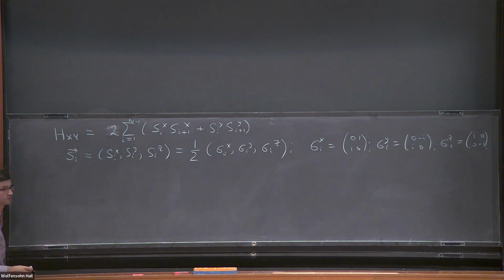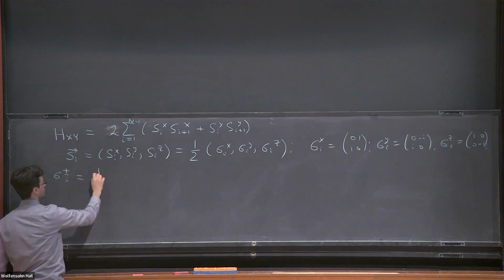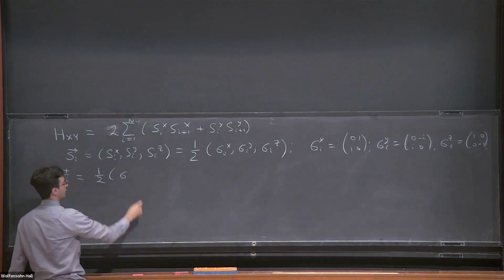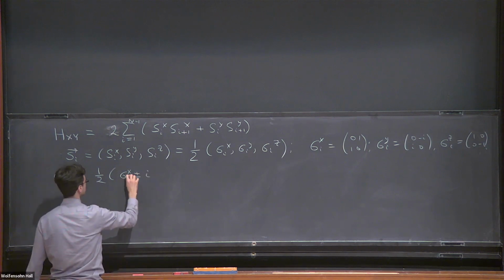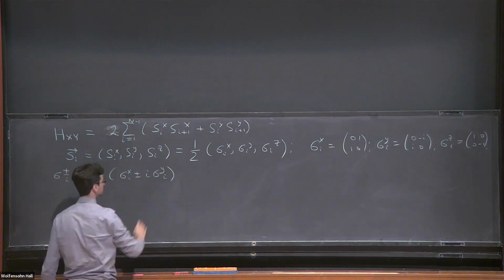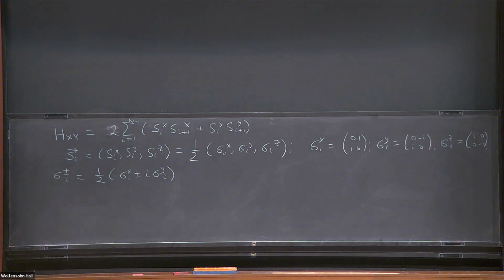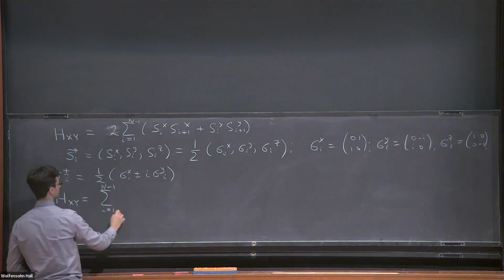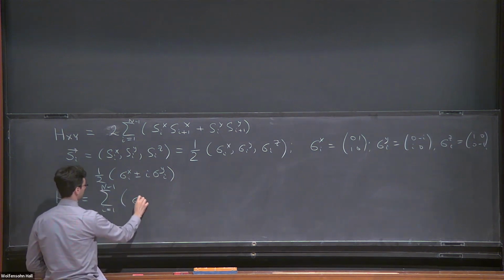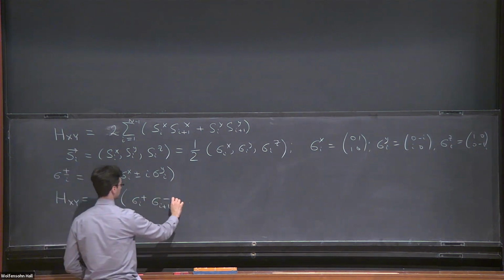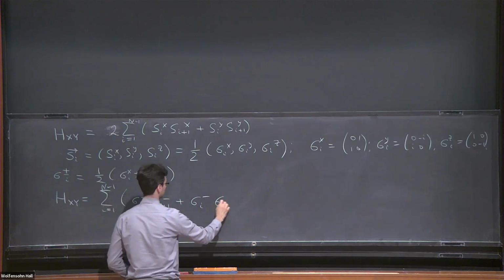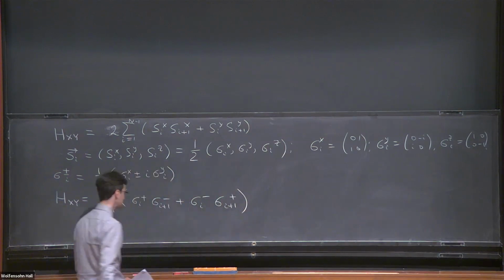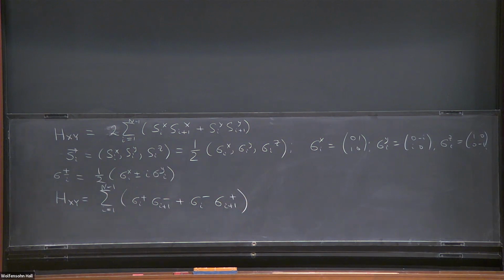For this, let's introduce sigma plus, sigma minus operators, which are 1/2 (sigma x plus or minus i sigma y). In this case, this Hamiltonian can be written in a simple form, which is just the sum over i of sigma_i^+ sigma_{i+1}^- plus sigma_i^- sigma_{i+1}^+.